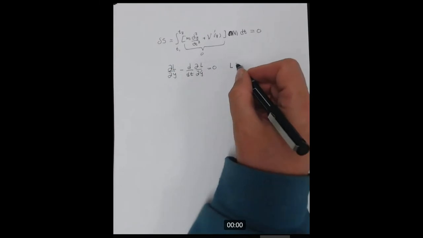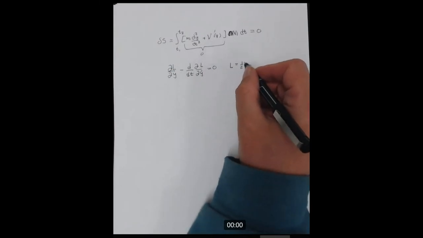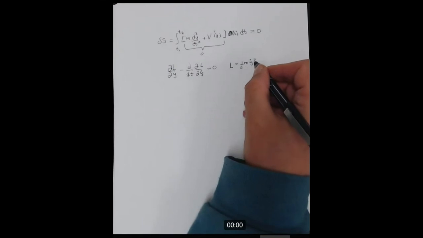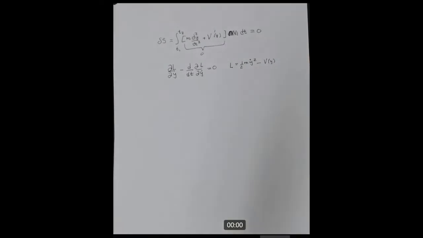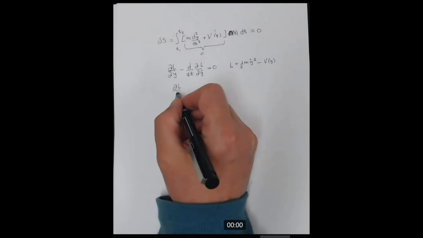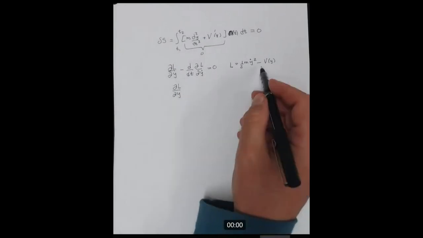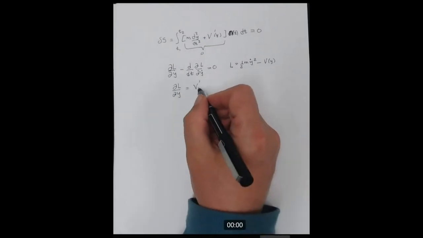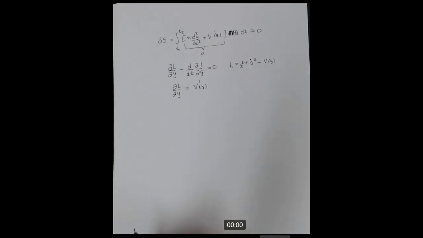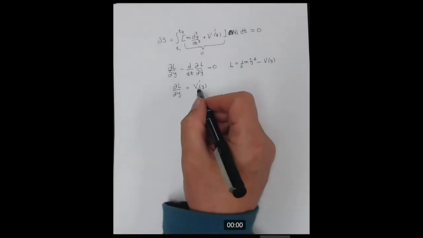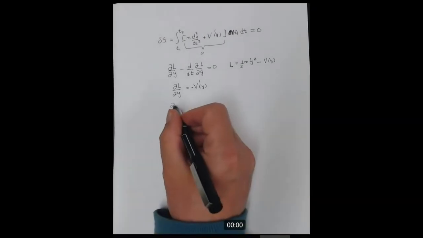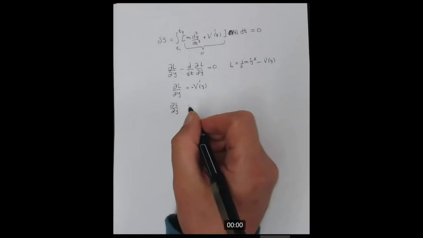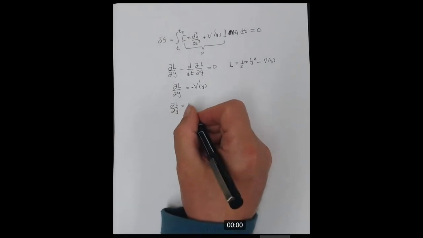Where L, in this case, is 1/2 m y dot squared minus the potential, which in this case is a function of y. So the partial of L with respect to y is just V prime of y. Oh, I'm sorry, it's negative because of the negative sign there. And then we have the partial of L with respect to y dot. Well, that's just m y dot.